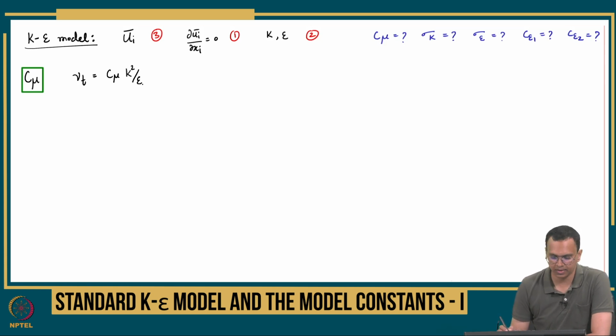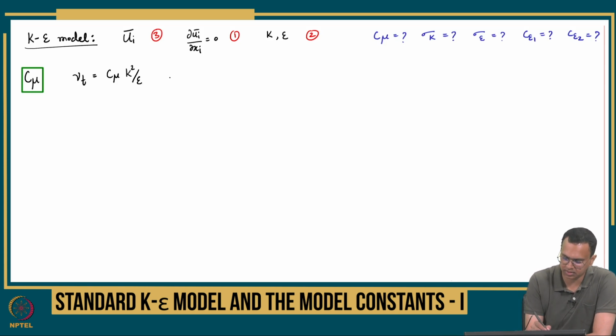So C mu is required in the eddy viscosity, which is of course present in many different terms in the other transport equations. So to get this, we use a particular flow problem. We consider here the log law region of a turbulent boundary layer, a smooth turbulent boundary layer.